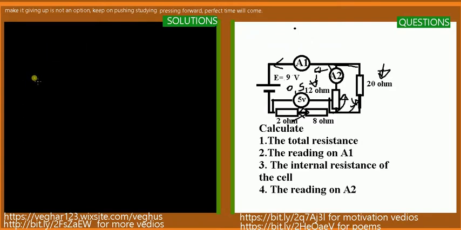So according to Ohm's law, the current divides in parallel.